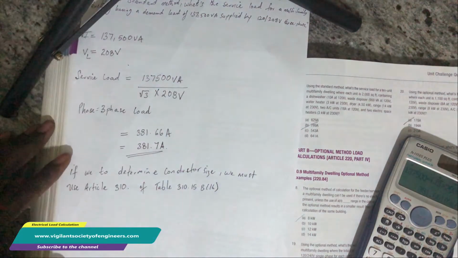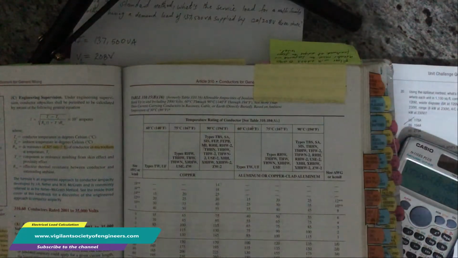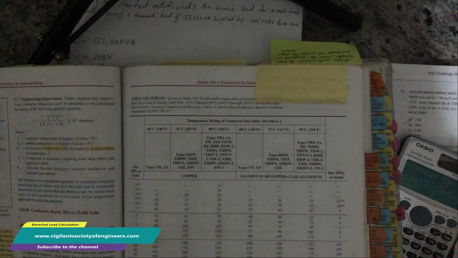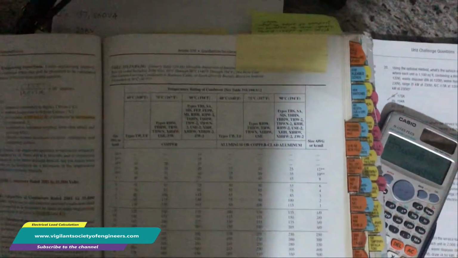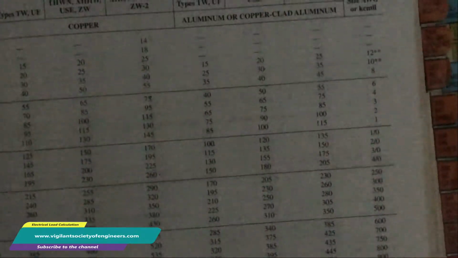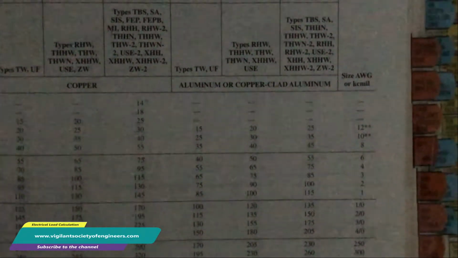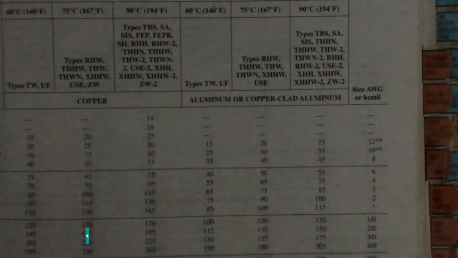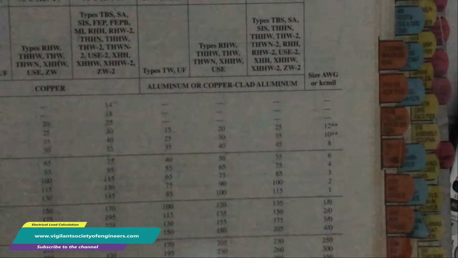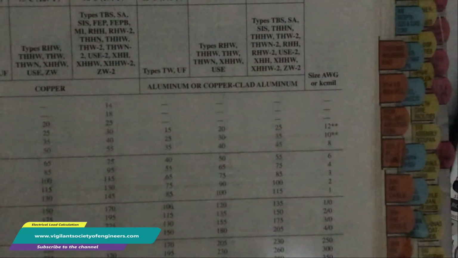Looking at this table here, I'm just going to zoom up a little bit so we can see what the numbers will be. My ampacity here would have to be determined using the 75 Celsius column.